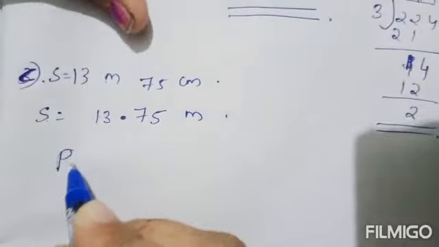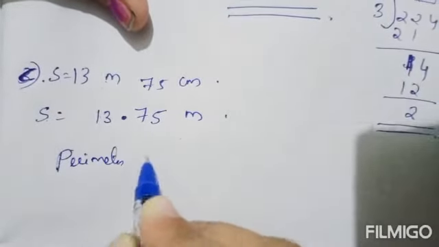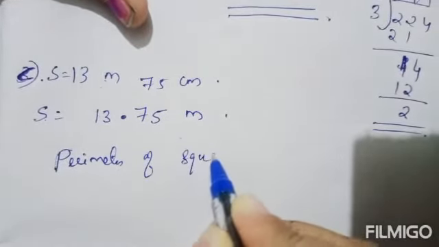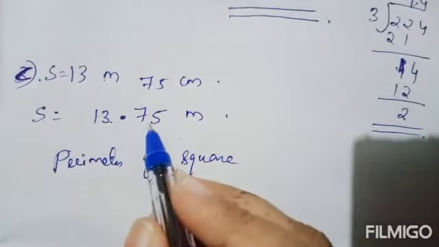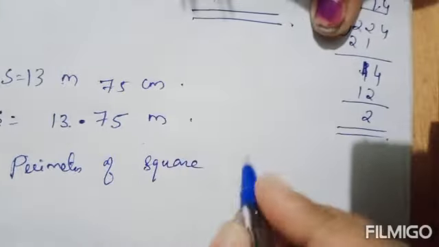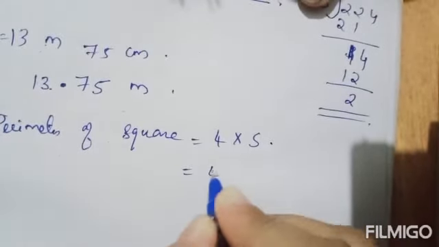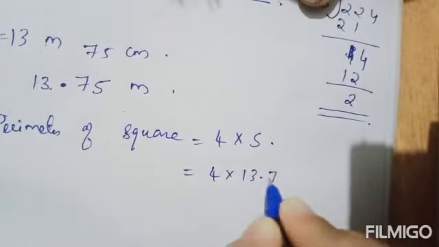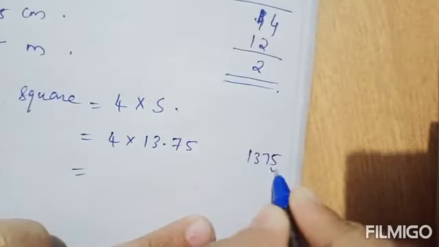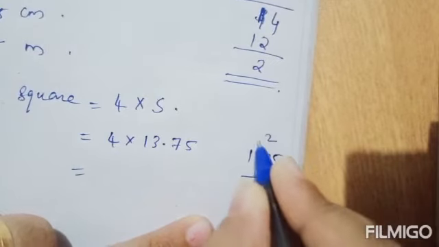Now you have to find the perimeter of square whose side is 13.75 meter. So what is the formula? It is 4 into S. Okay. So 4 into 13.75 you have to find. So 1375 into 4 you can find first.